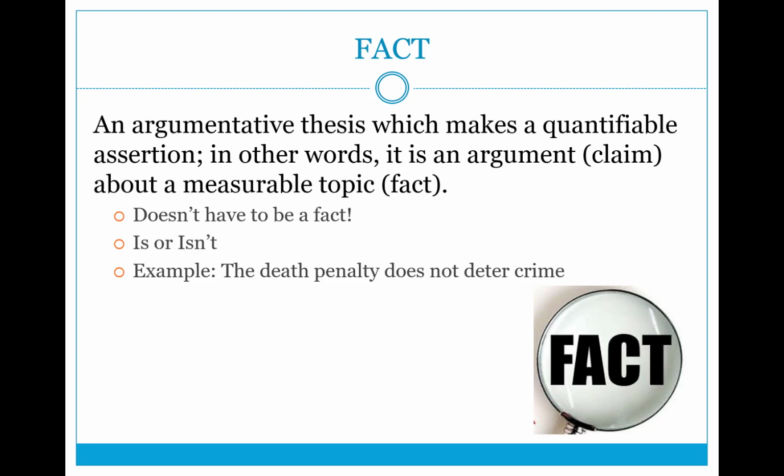Even if I wrote the opposite, the death penalty does deter crime, notice that obviously one or the other of those is right and the other one's wrong. But the point is that both of them are put in a claim of fact in terms of their specific purpose. So that tells you that as an argument, you are trying to convince people is or isn't, right? That's the answer that you're trying to answer, are you putting this in the sense that it is a fact? So that's the claim of fact.